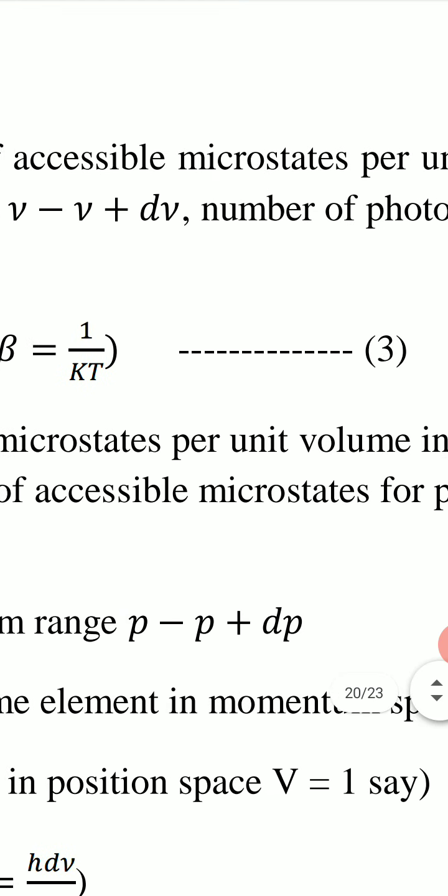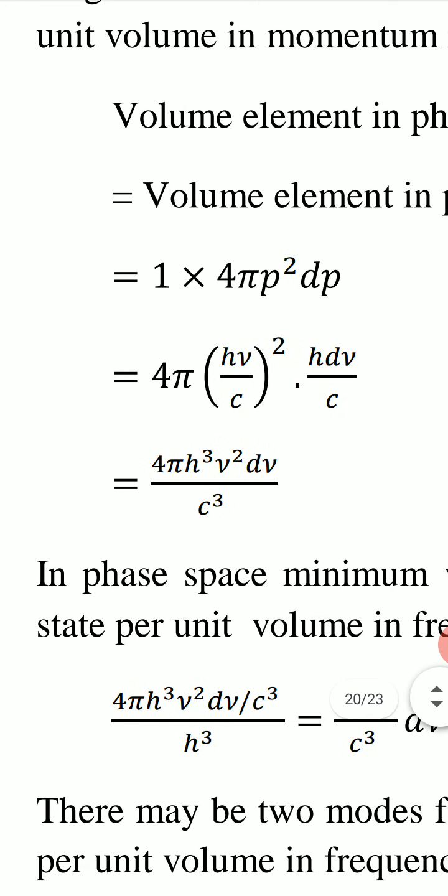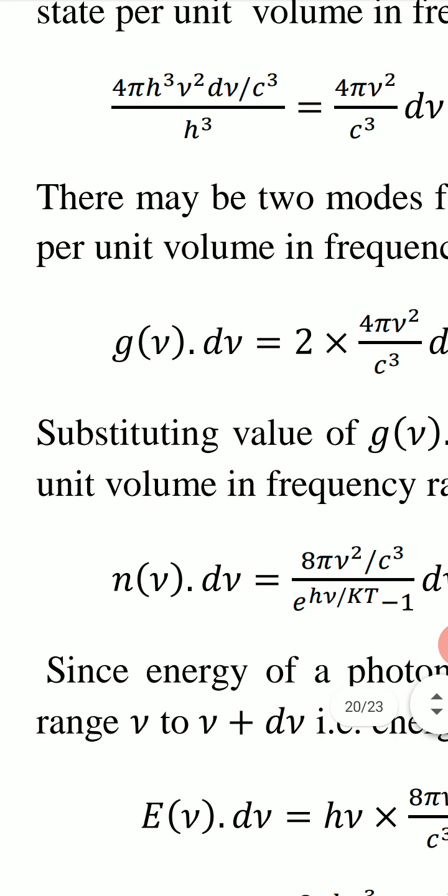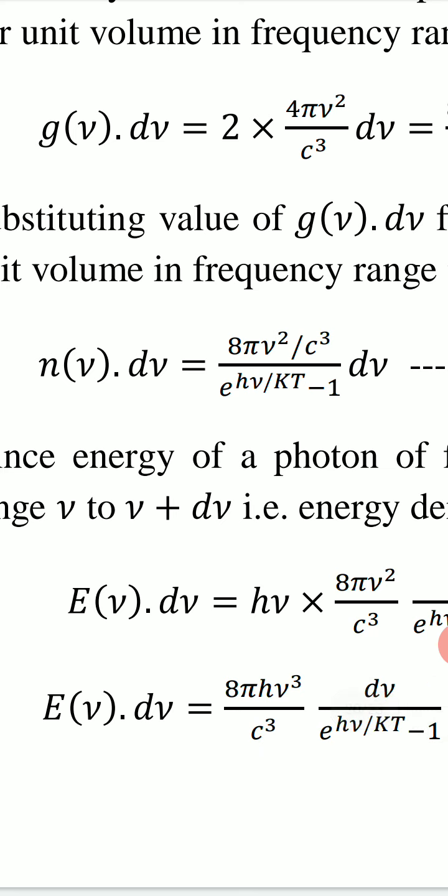Now we put this value of g nu d nu in the equation for n nu d nu. This is equation 3. This will give the value of n nu d nu, the number of photons per unit volume in the frequency range nu to nu plus d nu. So n nu d nu will be equal to 8 pi nu square upon c cube d nu divided by e to the power h nu upon kT minus 1.